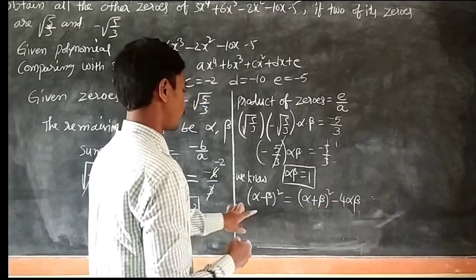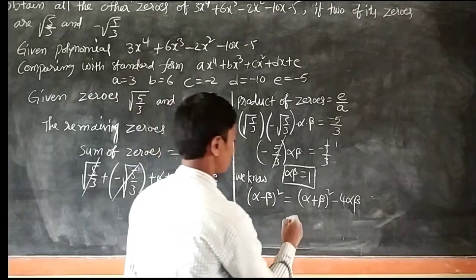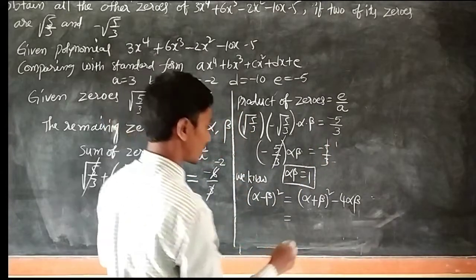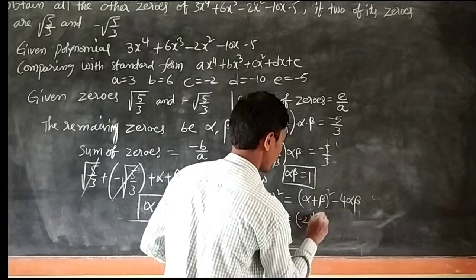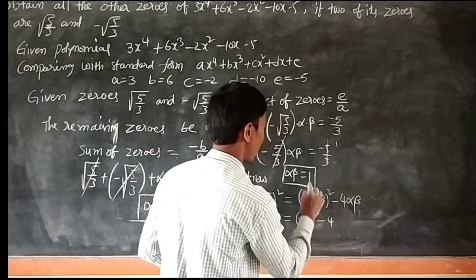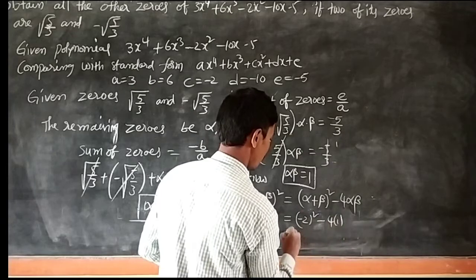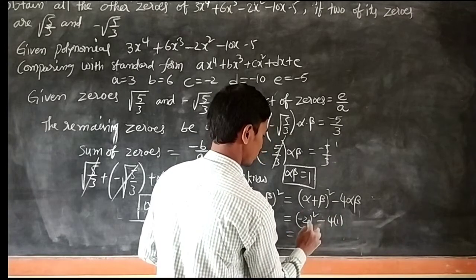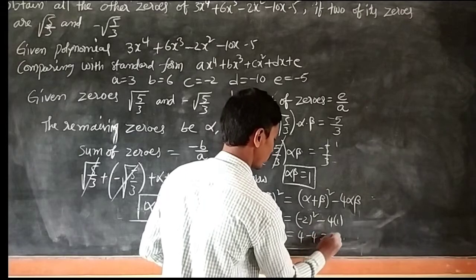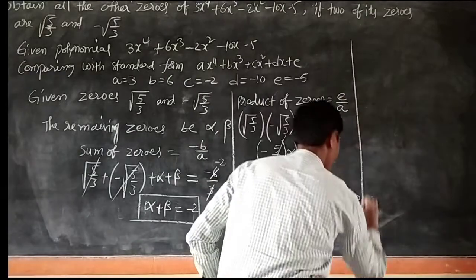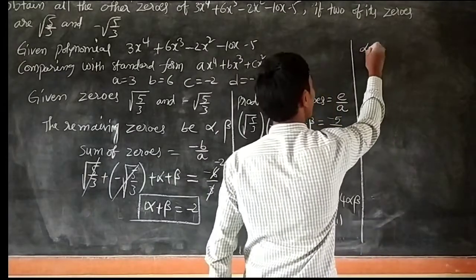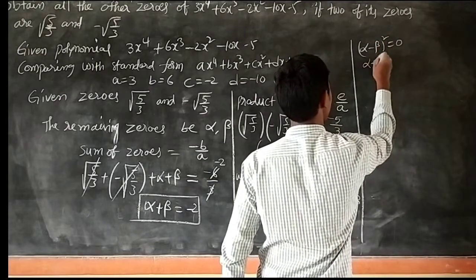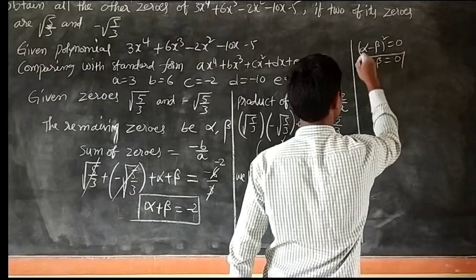Alpha minus beta whole square is equal to alpha plus beta, already you know that value, alpha plus beta is equal to minus 2, whole square, minus 4 into alpha beta value. Minus 2 whole square is 4, minus 4, that is equal to 0. From this, alpha minus beta whole square is equal to 0, so alpha minus beta is equal to 0.